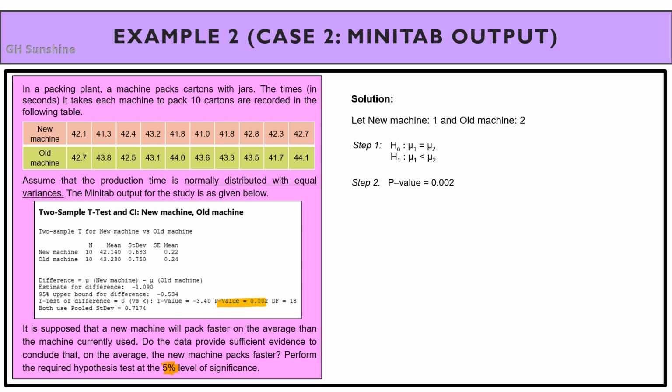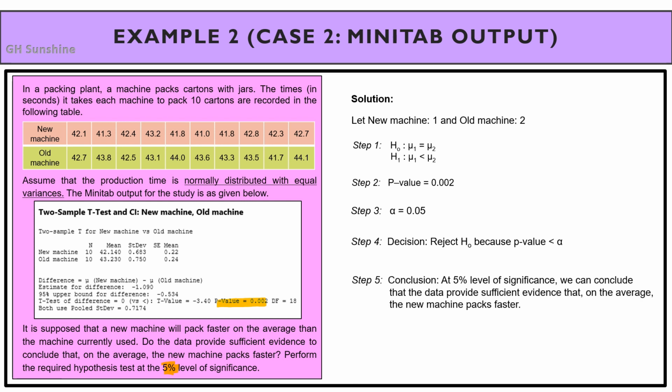So, first step, set up the hypothesis. Second step, p-value equal to 0.002. Alpha equal to 0.05. So decision, reject H0 because p-value less than alpha. So what is the conclusion?